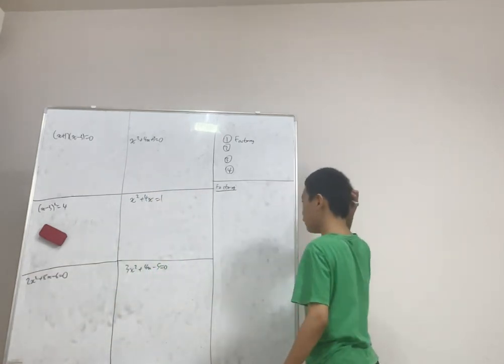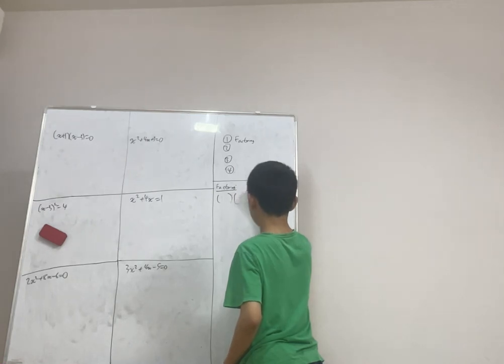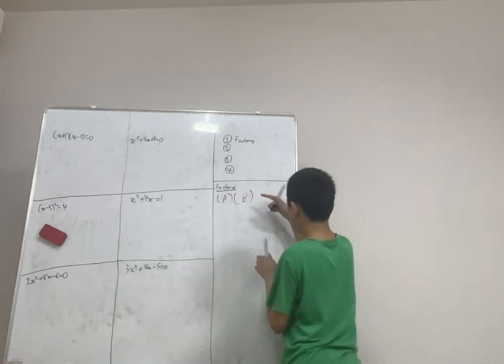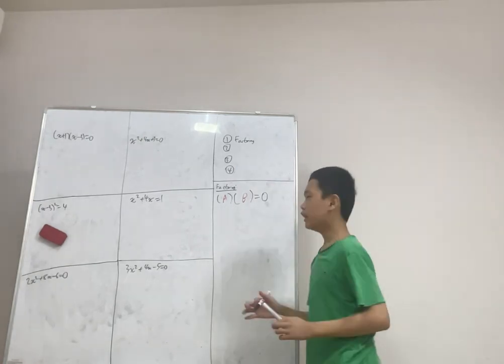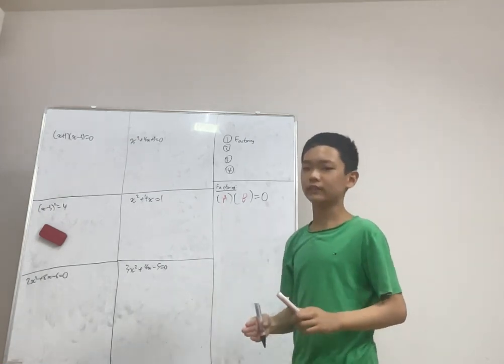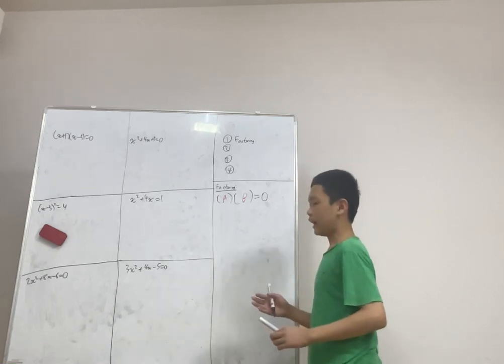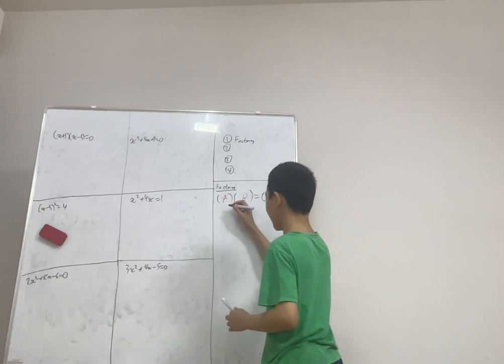Right? So for factoring, if you have 2 factors, let's just call them A and B, and when they multiply, that equals 0. Now, if 2 things multiply and equal 0, then one of them must be equal to 0. Anything multiplied by 0 has to be 0.